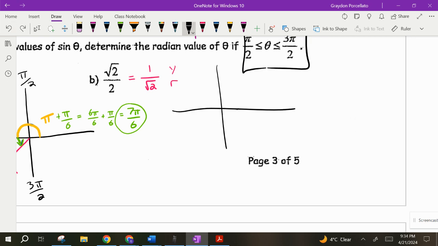So I'm going to draw my angle up here. It's telling me that y is 1 and my radius is root 2. Thinking about our special triangles, that leaves me with 1 over there. I know that this angle here is pi over 4, and what I want to know is this angle here.